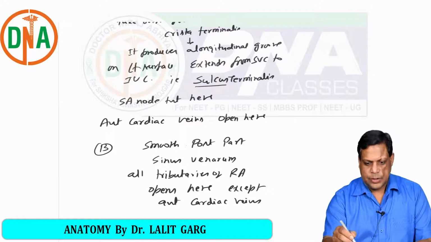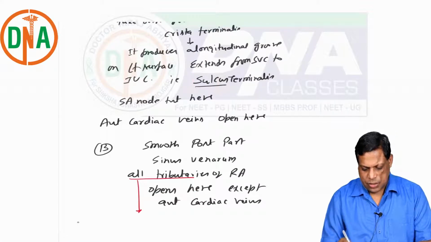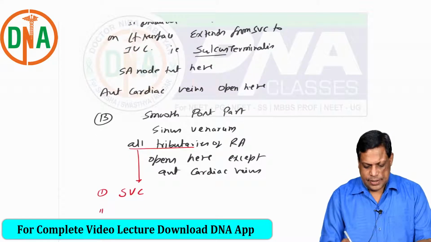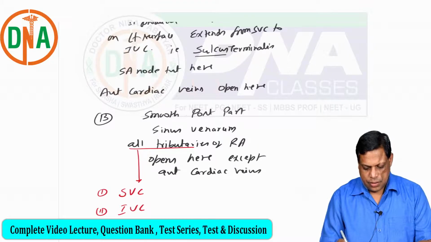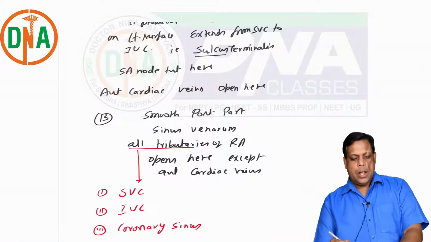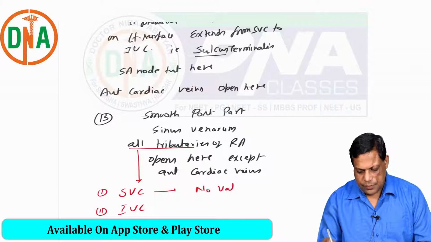So what are the other tributaries? Their names are superior vena cava, second is inferior vena cava, third is coronary sinus. These are the tributaries. As we see, the superior vena cava has no valve.